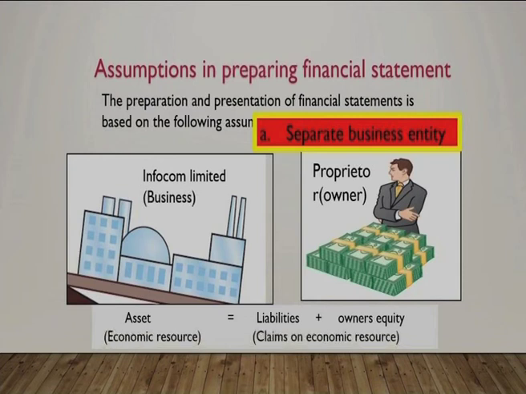Assets are economic resources and liabilities plus owner's equity is a claim on those resources. This clearly indicates the proprietor and the business are separate entities. You cannot mix them up. So one fundamental assumption is separate business entity.